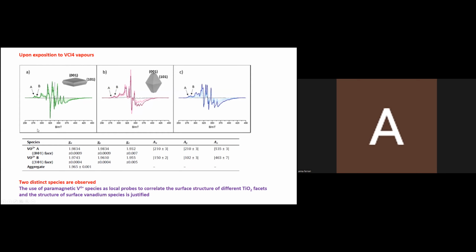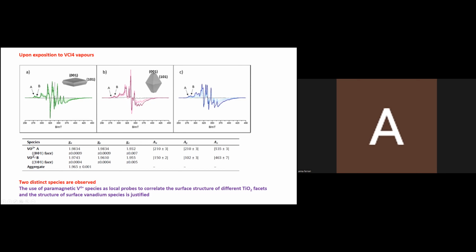Here are the EPR spectra. The only thing I want you to notice is that there is the same signal, but with different intensity, that belongs to different species. Species A: the signal is larger for this system. Species B is larger for this system.